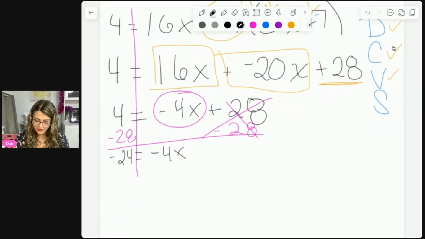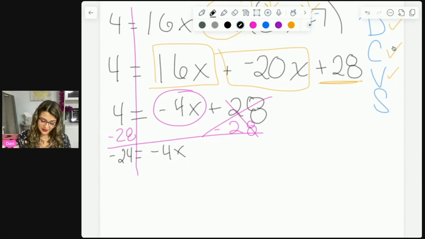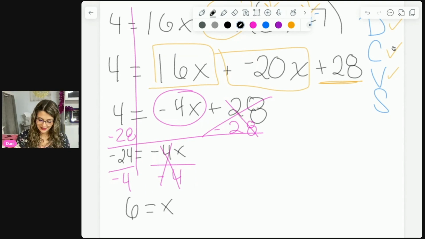Just going to scooch up a little bit here. And then how do we get that alone? We divide by -4. Again, when you've got negatives, just take that extra second to not drop one. So negative divided by a negative is a positive. So we get x equals 6, or 6 equals x. You could leave it as 6 equals x. I get disturbed. I have to rewrite it.